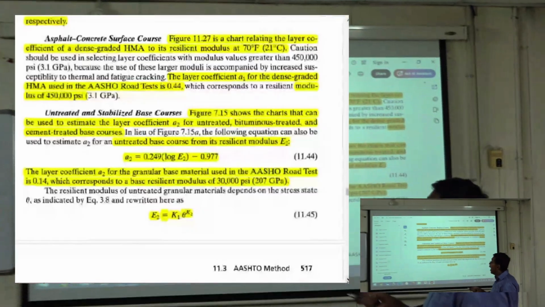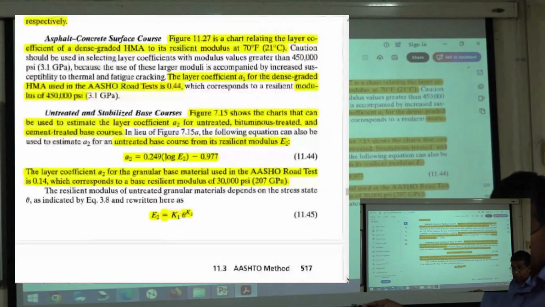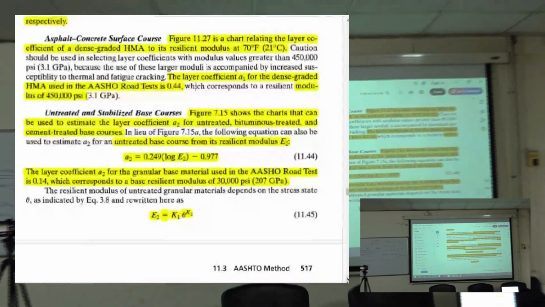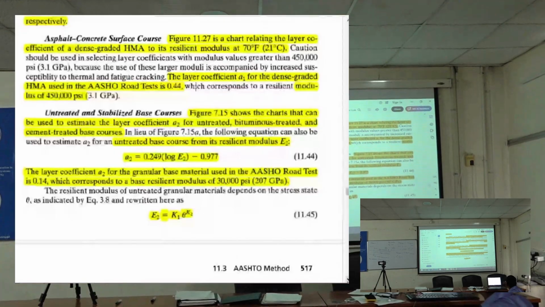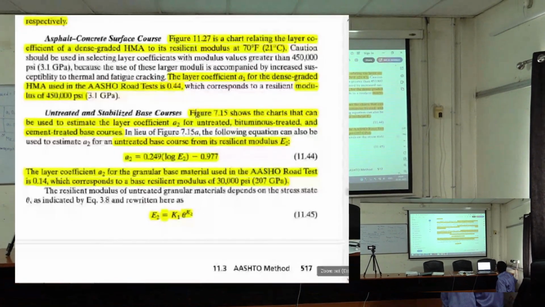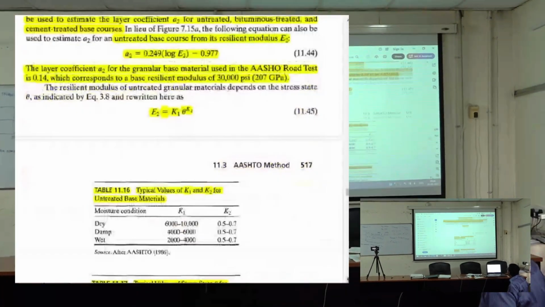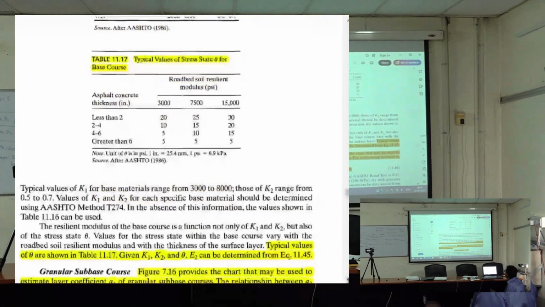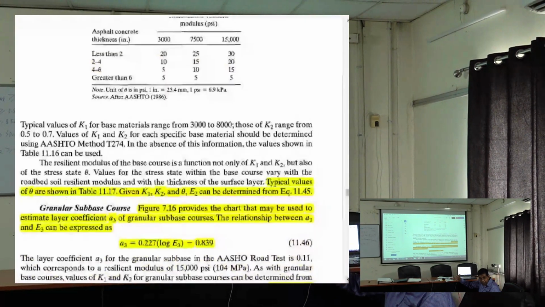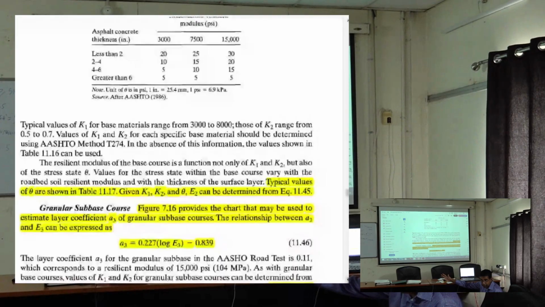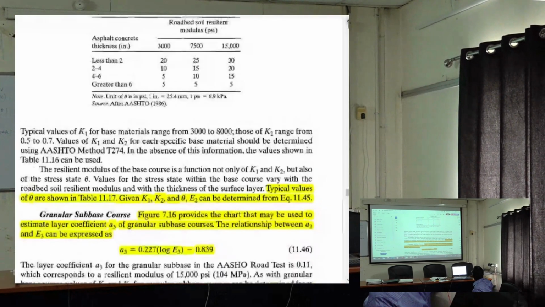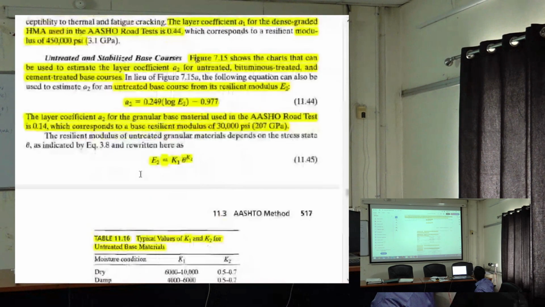That's why I already gave you the E value, correct? 20,000 psi, for untreated, stabilized base course. And then I go down, and if I'm using it as a sub base, there's another equation, A3 is equal to this. So if I'm using 2 layers, 3 layers, you use the right equation accordingly. Got it? Everybody with me so far? You remember this from last time, right?